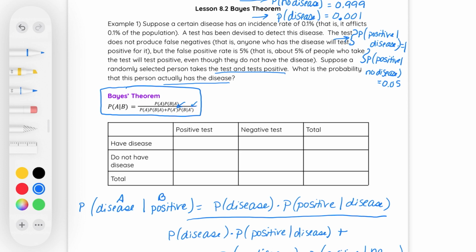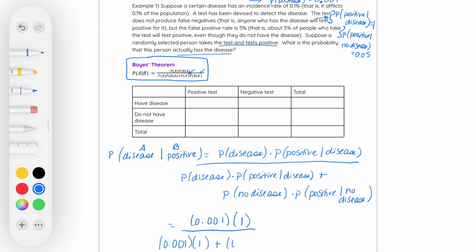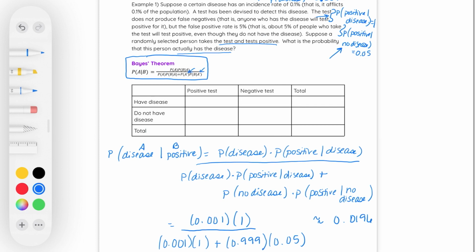So the probability of not having the disease is 0.999. And then the probability of testing positive, given that we do not have the disease, we found in one of our sentences as 0.05. So this will give us approximately 0.0196. So the probability that a person actually has the disease, given that they have a positive test, is approximately 2%, so about 1.96%.